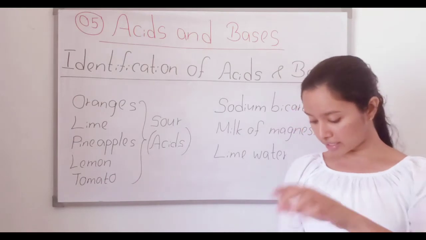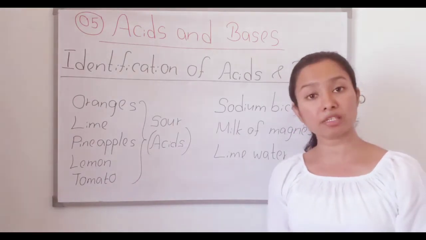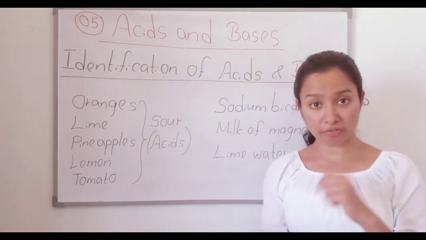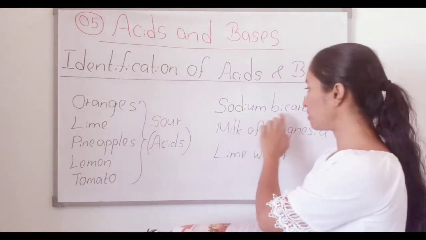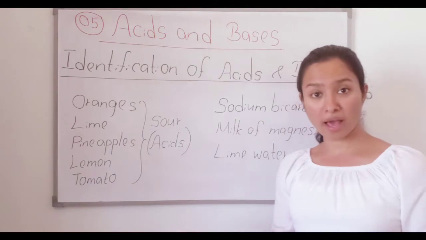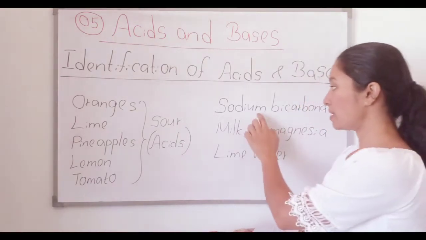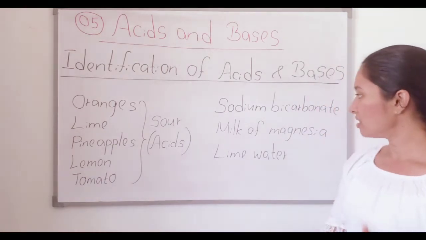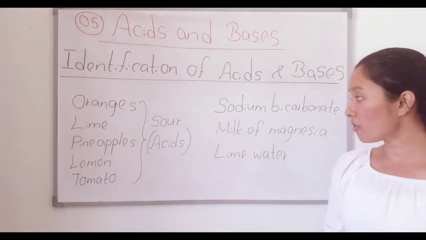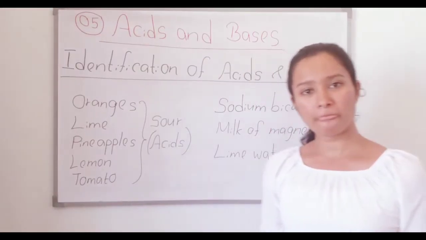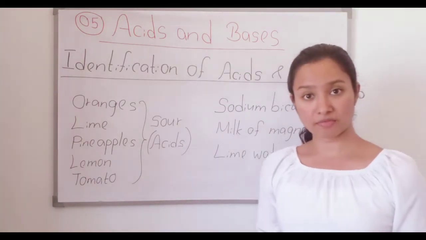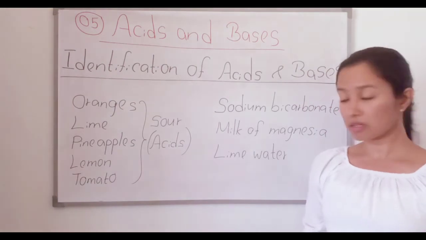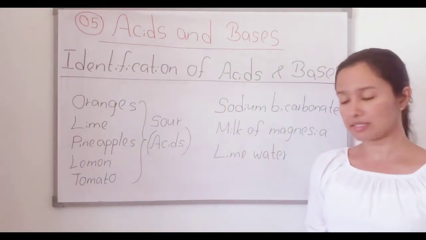Sodium bicarbonate is used as a treatment for bee sting. When a bee stings, we use sodium bicarbonate as a medicine to remove the bee's venom. Then milk of magnesia is used for gastritis. When you are feeling gastritis, you can take a tablet of milk of magnesia.